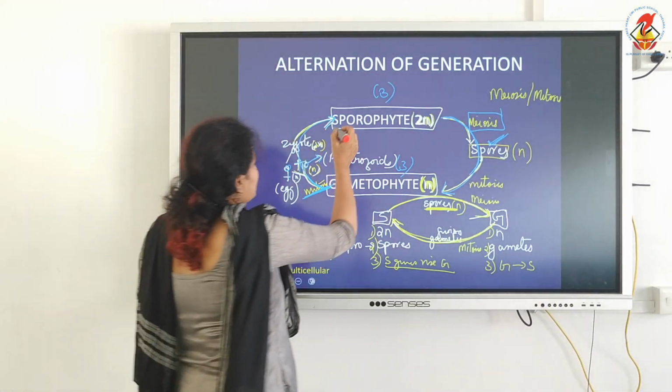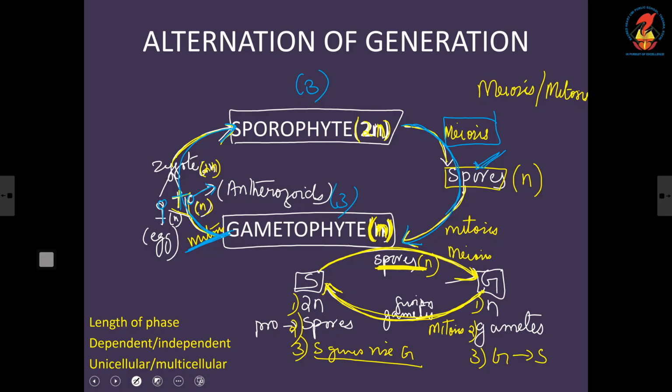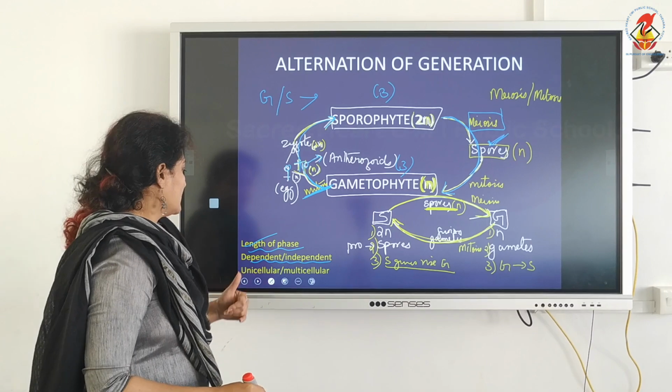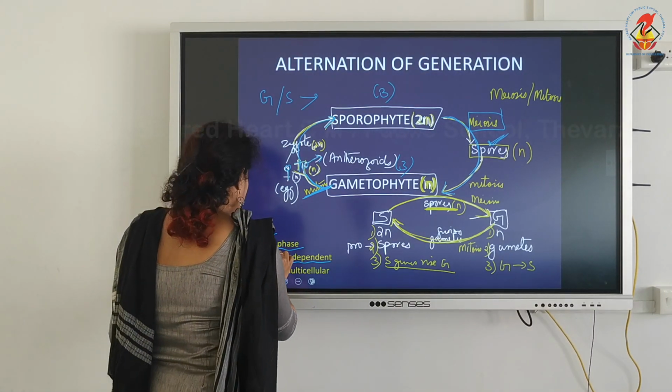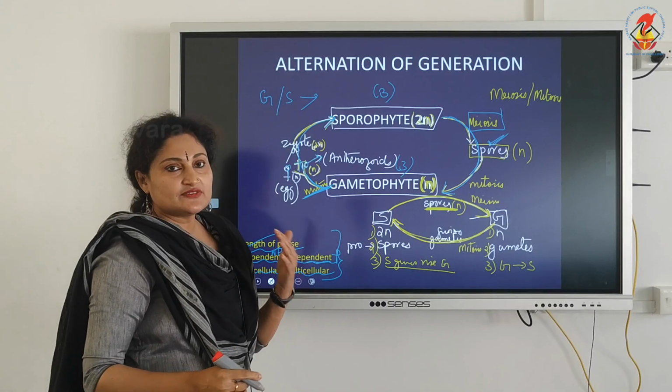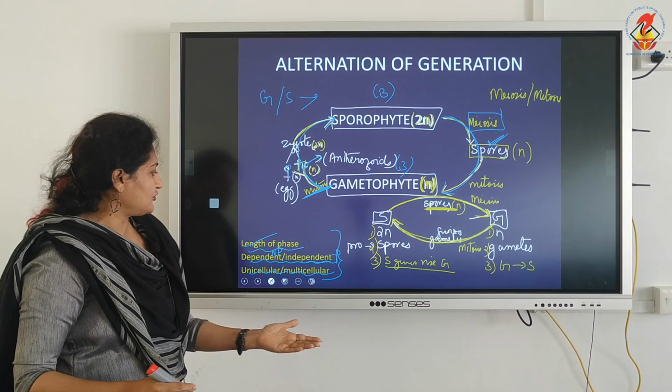And the duration of each phase, the gametophyte or sporophyte, and whether they are dependent or independent. Here dependent means they depend on others for nutrition, that means they are non-photosynthetic, and independent means they are photosynthetic. Whether they are unicellular or multicellular varies from division to division. We are going to analyze the different divisions, algae, bryophytes, pteridophytes, in this video.